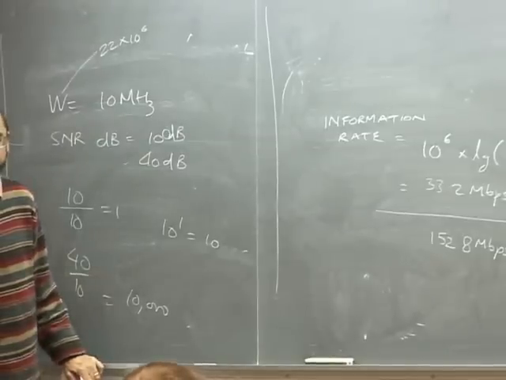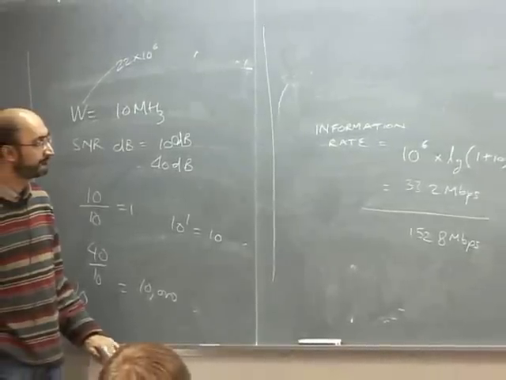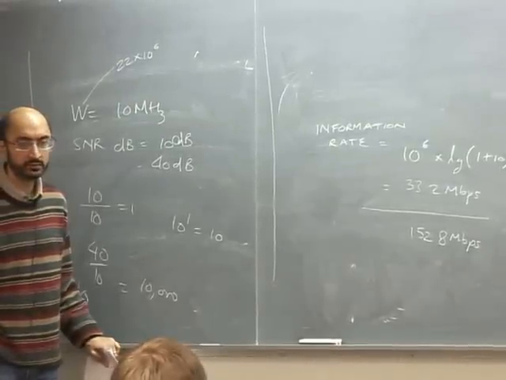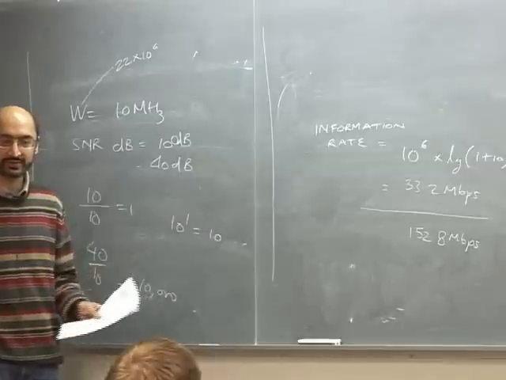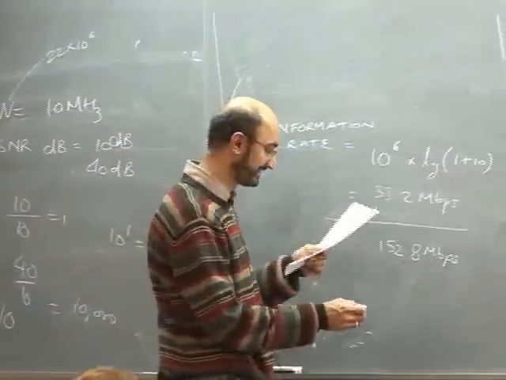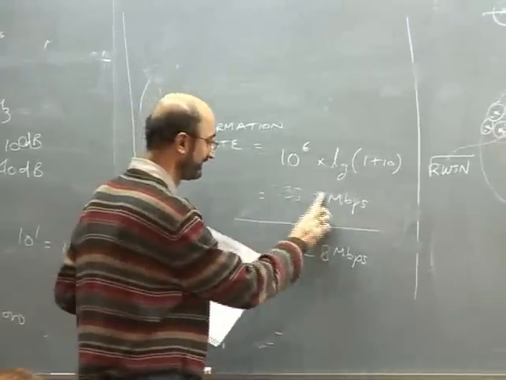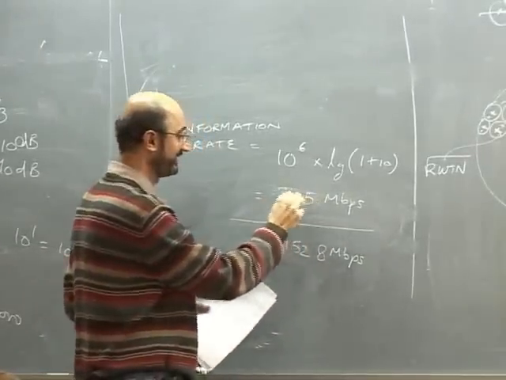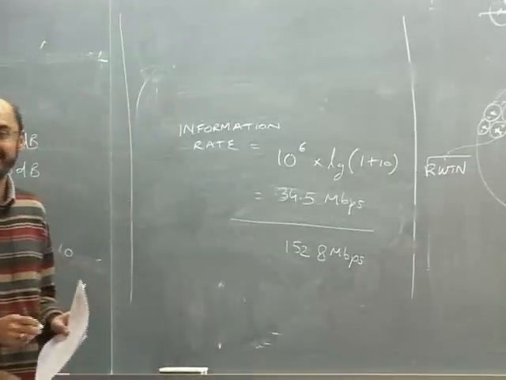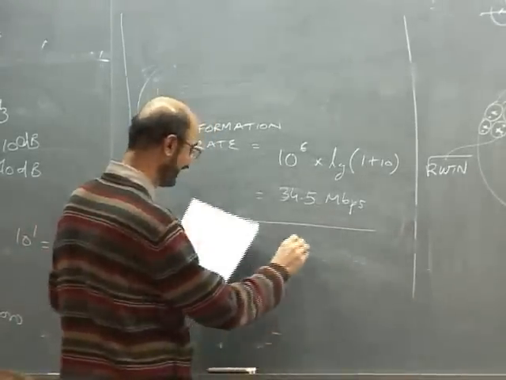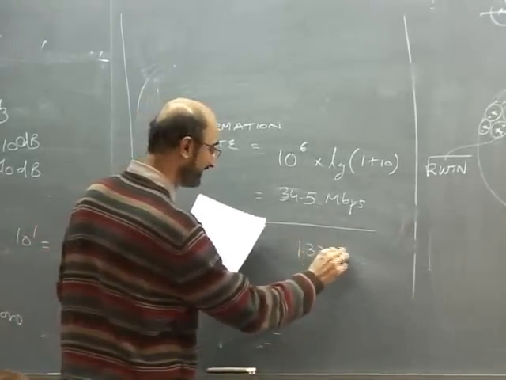I got slightly different values. I think it's log base 2 versus 10 to 7. I got 34.6. My calculator is very old. What is it, 34.6? Yeah, I think so. 34.5. The other one is 132.9. I think you did log natural.